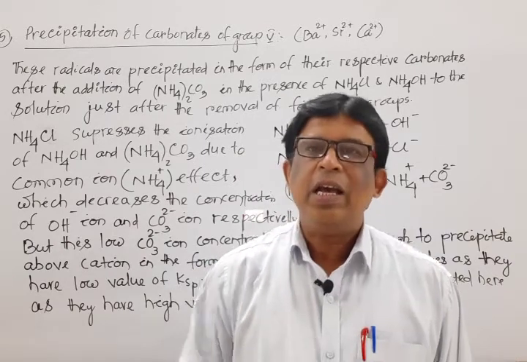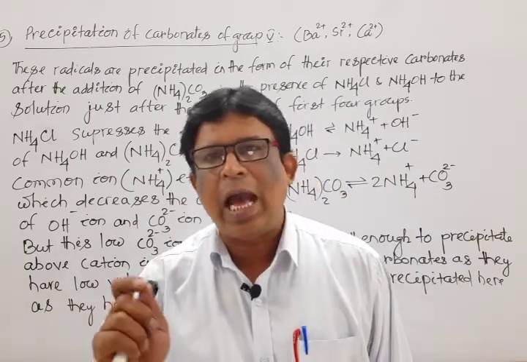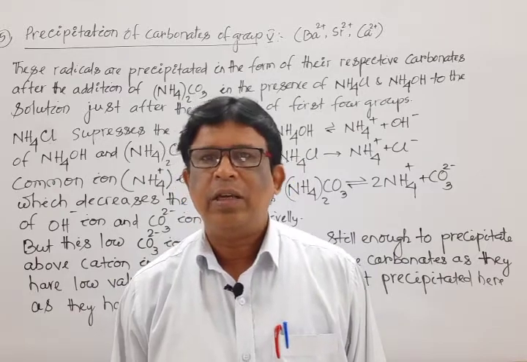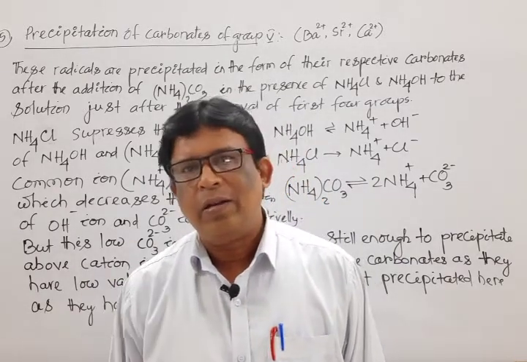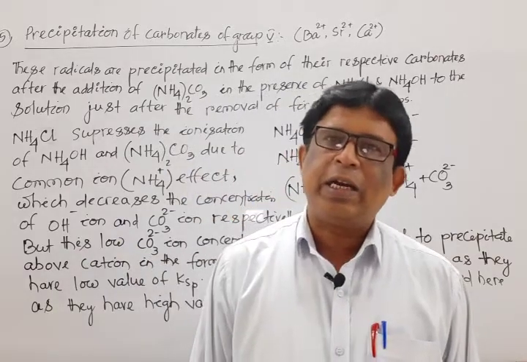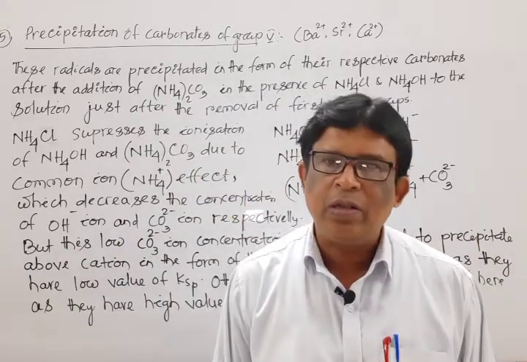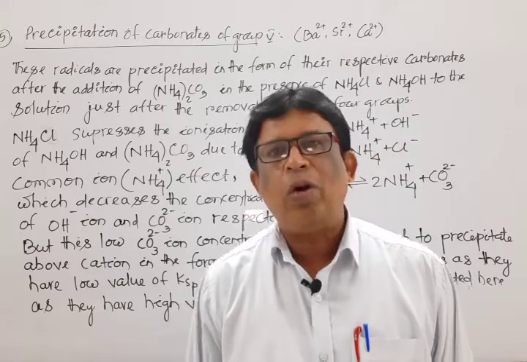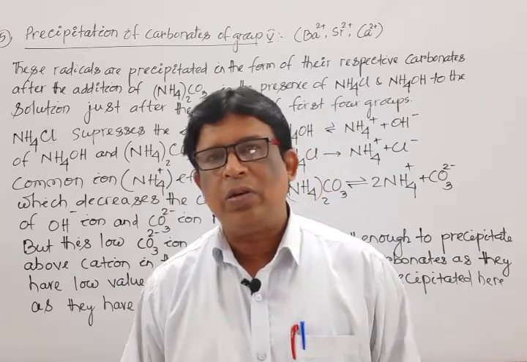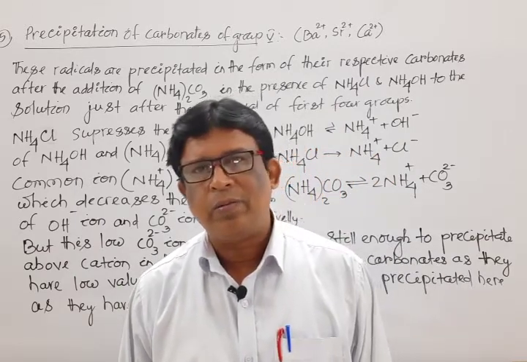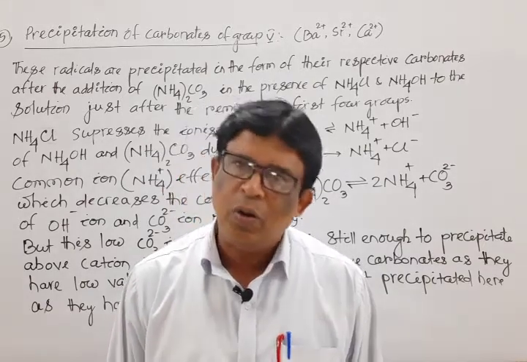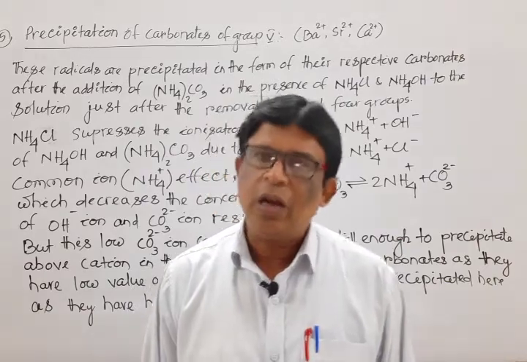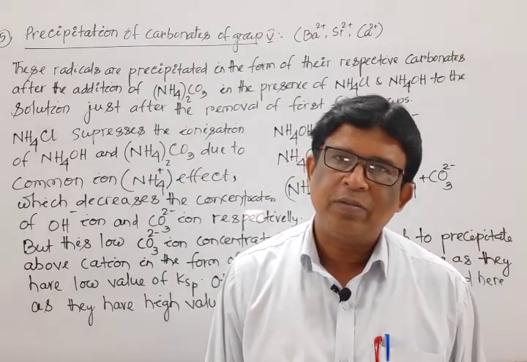But this low carbonate ion concentration is still enough to precipitate the above cations in the form of their respective carbonates, because they have a high value of ionic product in comparison to their solubility product. The other cations are not precipitated here because of a low value of ionic product or a high value of solubility product.